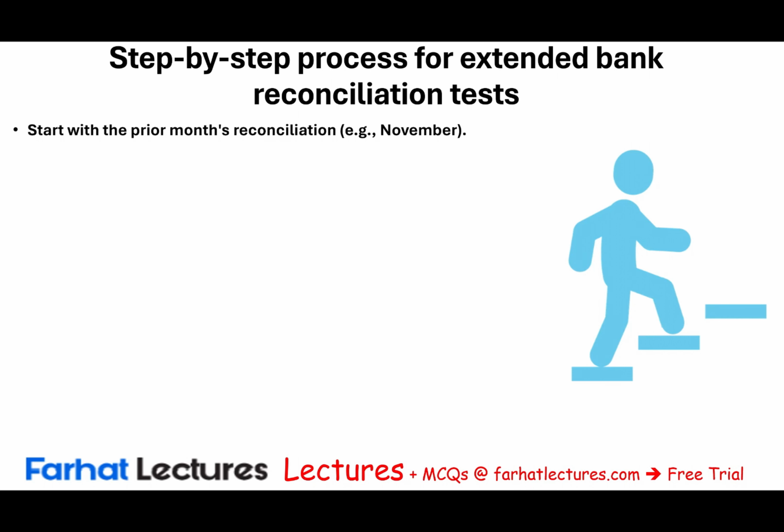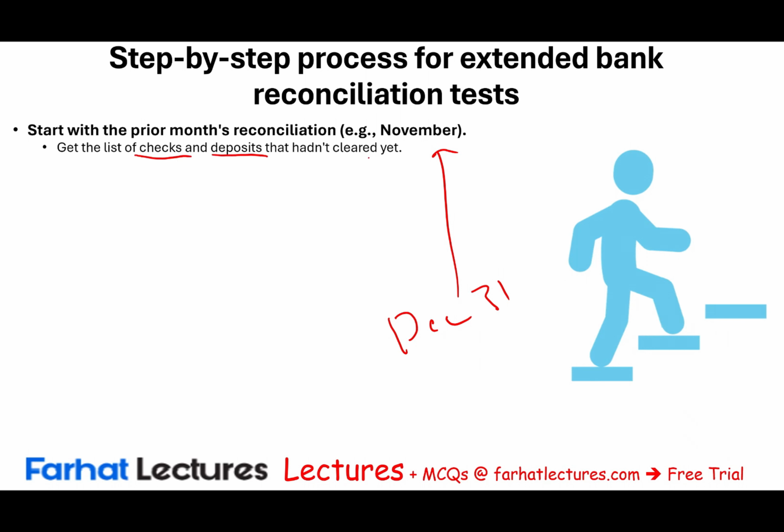If we are preparing the December 31st monthly, we're going to start with November. We're going to go back to November, start with the prior month, and get a list of checks and deposits that hadn't cleared yet. So what was outstanding in November? Look at those closely. Check that all those that were outstanding in November cleared in December.